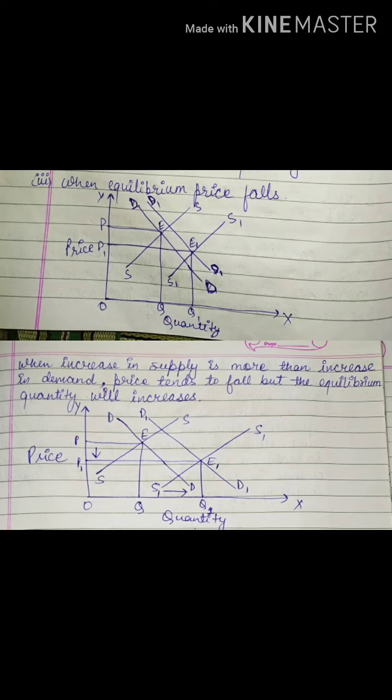So that is why my equilibrium price will fall. You can see the two diagrams very well. See the ratio: demand has shown a bit of change, next a bit more change, but the supply effect is more. Supply is changing more compared to demand, in the case of an equilibrium price fall.